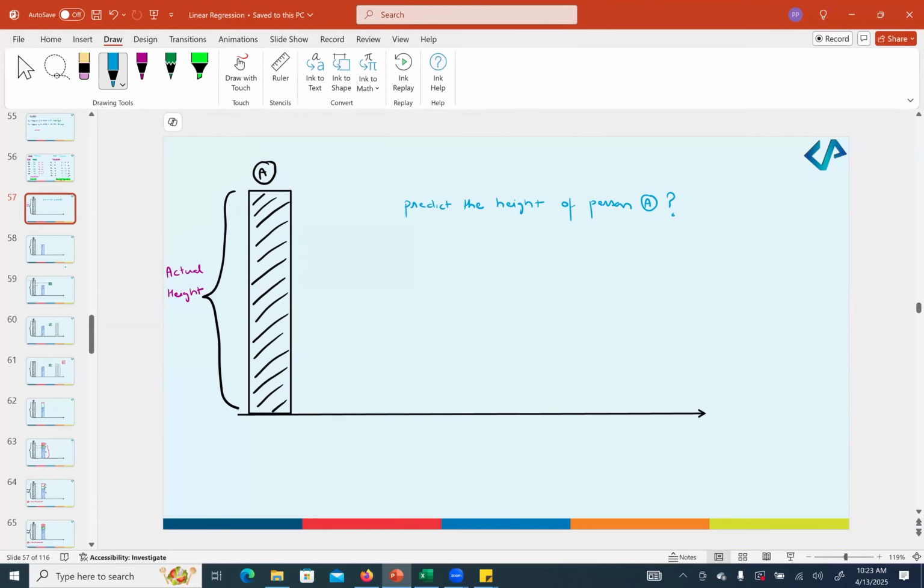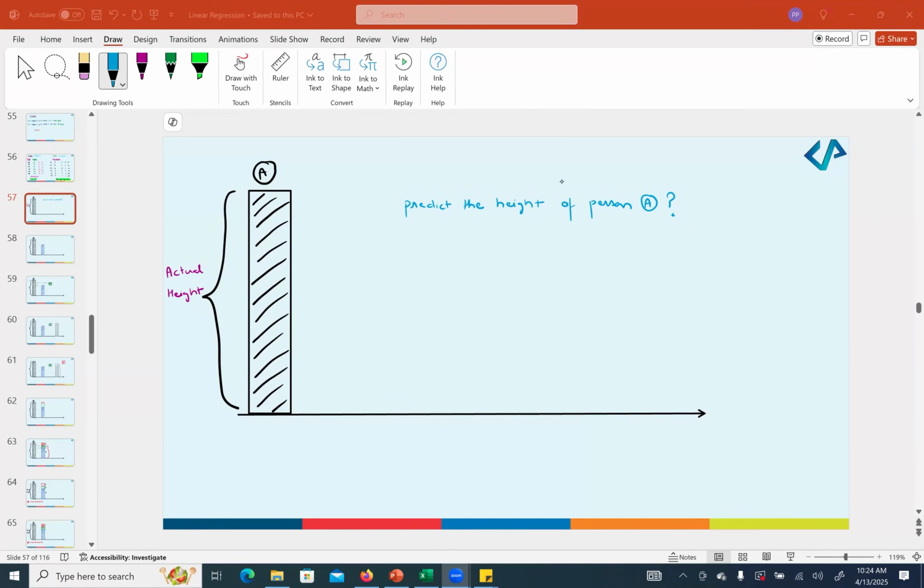What will we do in this case? If we don't know anything about that person, we just see the x value, then the constant if it's given, and the coefficient of the height, then we will calculate the y value. No. If nothing is given, then our best prediction is the average.